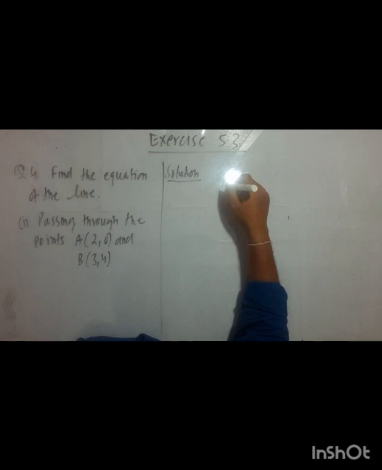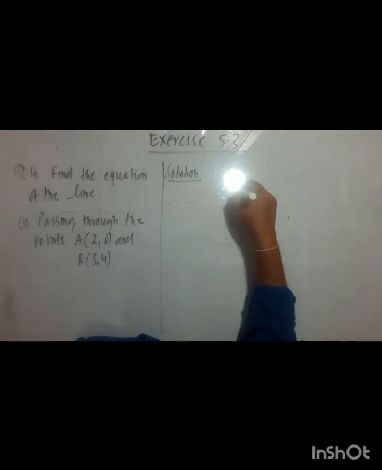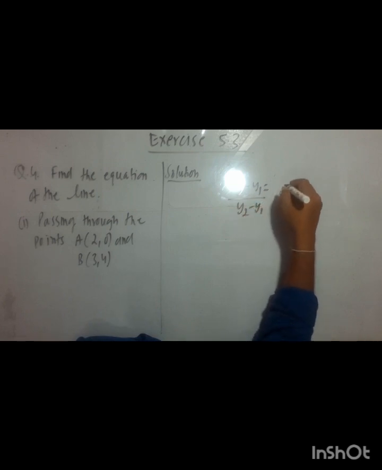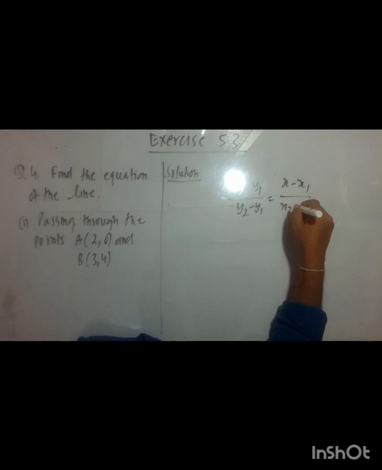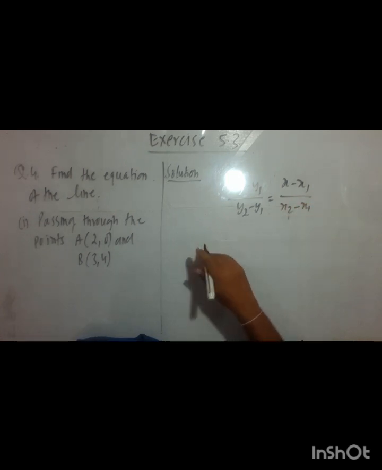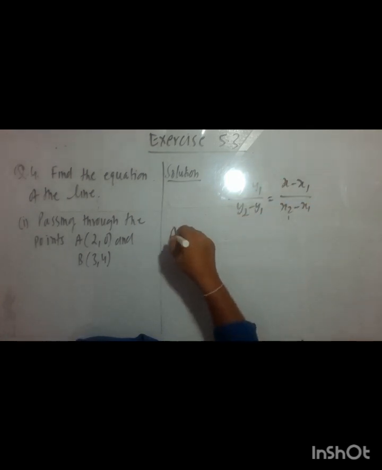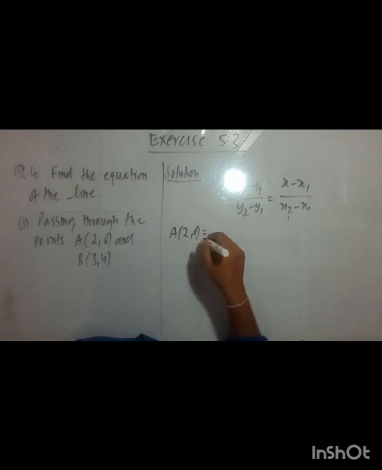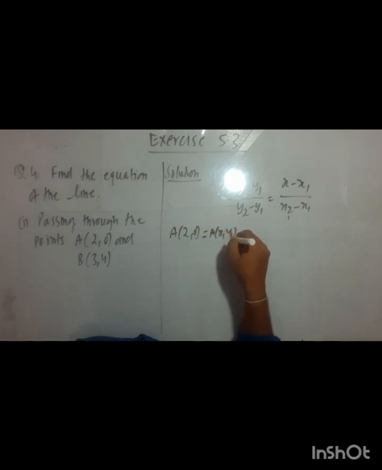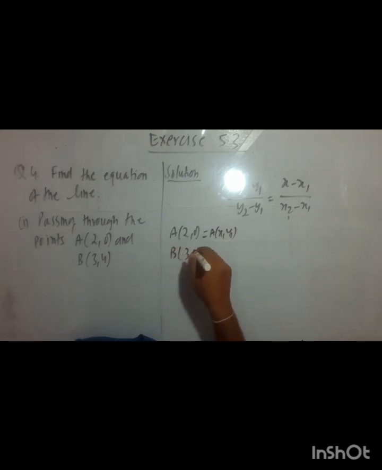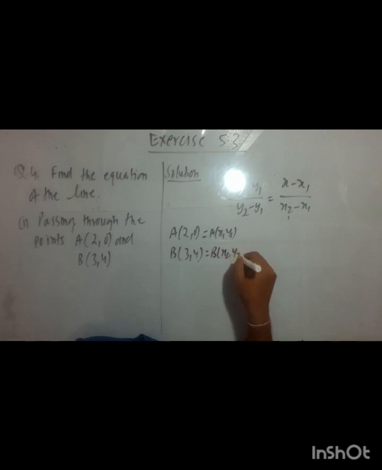See, the formula is y minus y1 upon y2 minus y1 is equal to x minus x1 upon x2 minus x1. So here, A (2, 0) you will take as x1, y1, and B (3, 4) is x2, y2.